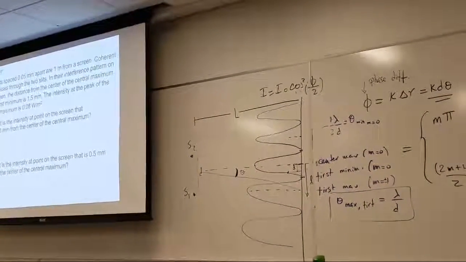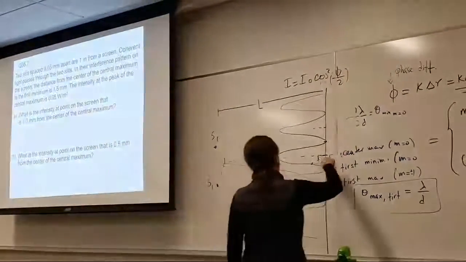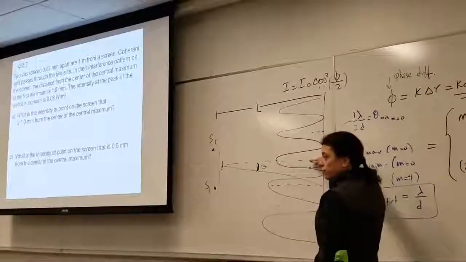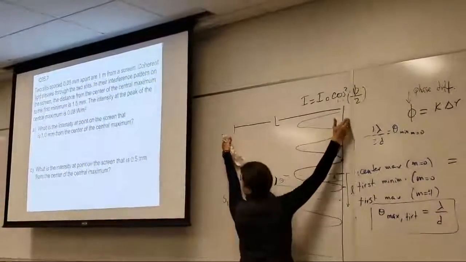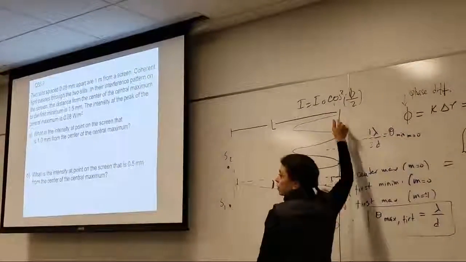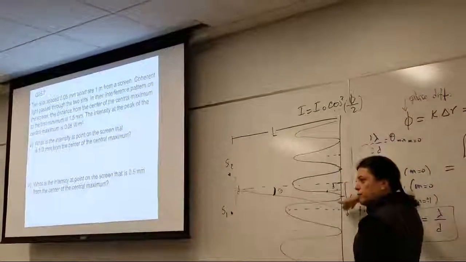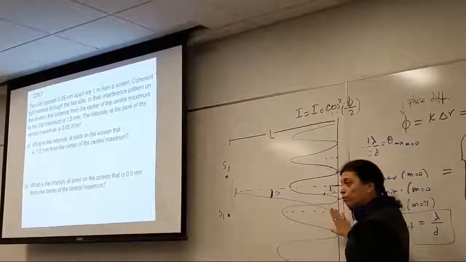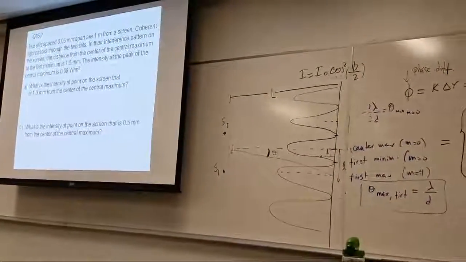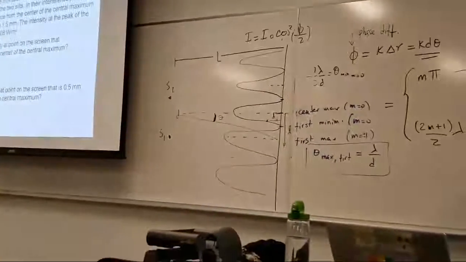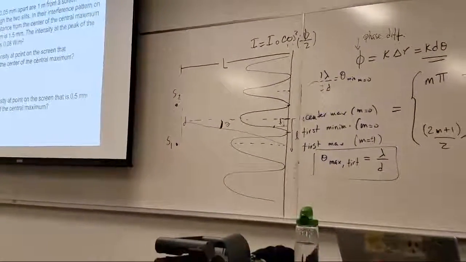Little l is the distance from the center at which you want to know the intensity. Big L is the distance between the two slits and the screen when you're looking at the pattern. Little l is just any distance away from the center, and usually small, since you're very close to the center maximum. So little l over big L gives you the tangent of the angle, but since it's very small, that's approximately theta.